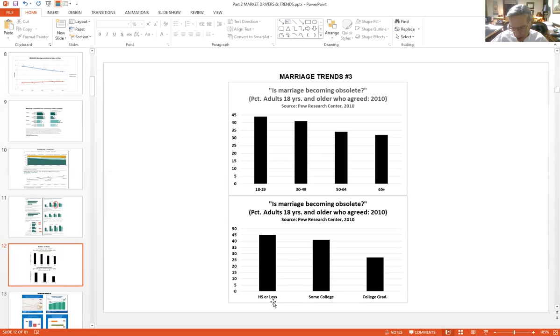We can see that the folks who are college graduates, only about a quarter of those, a little more than a quarter actually, tend to believe that marriage is obsolete, whereas those who are just high school graduates are back up here in this 45% category. Now, this should not be surprising.